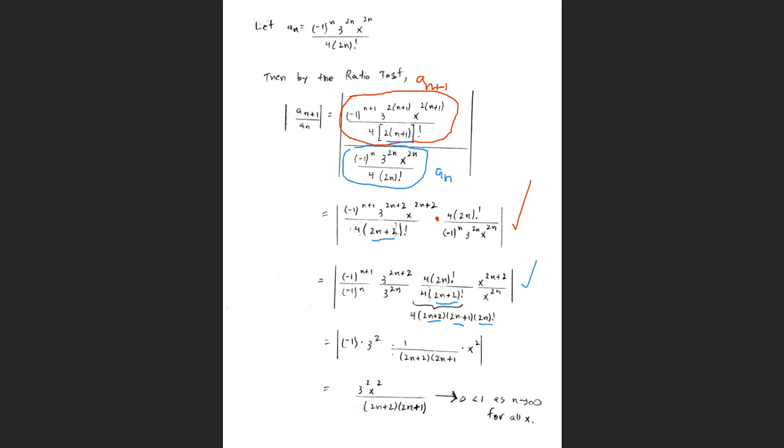Nice things are going to happen. The 2n factorials are going to simplify out, and that's going to give us this limiting ratio. Well, it's the ratio, and then we're going to take the limit as n goes to infinity.